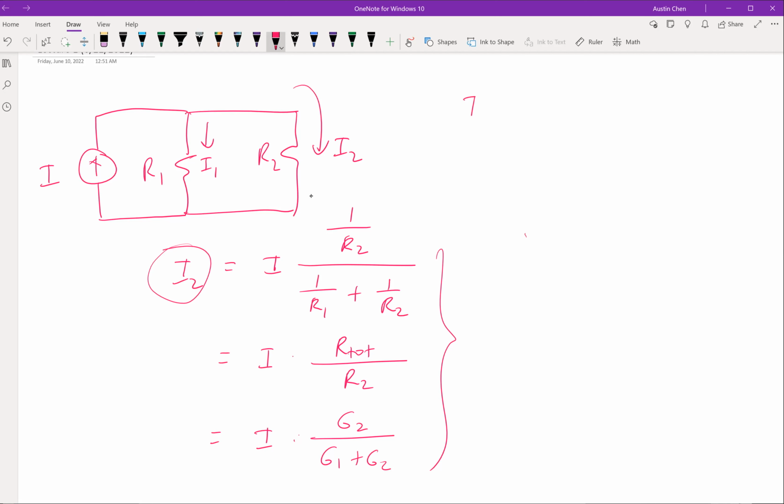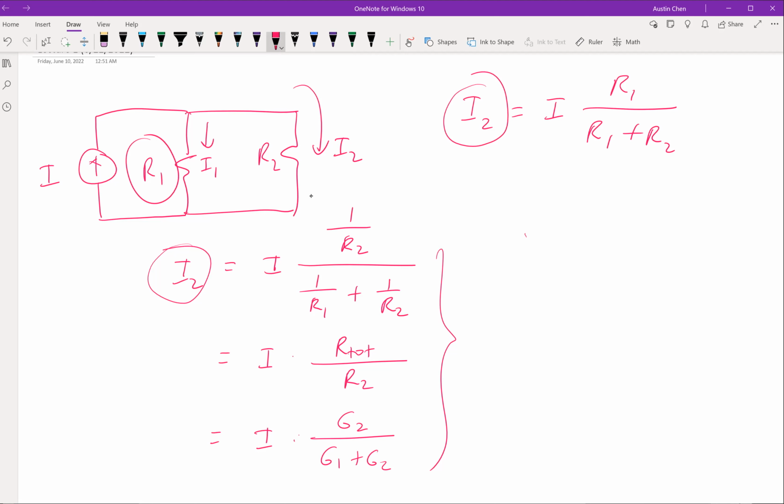So I2 is equal to I times, instead of taking 1 over R2 or R total or G2 on the top, I'm going to take R1, put it over here, divided by the sum.